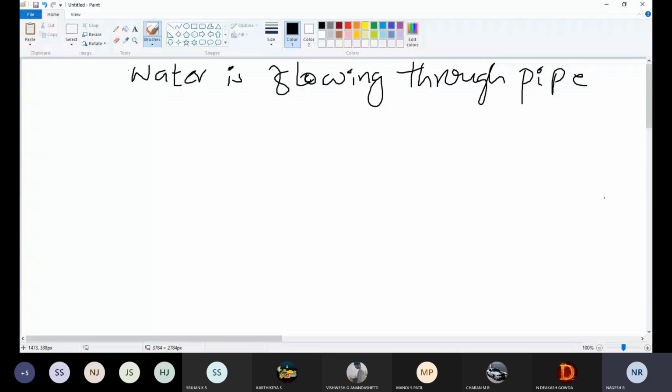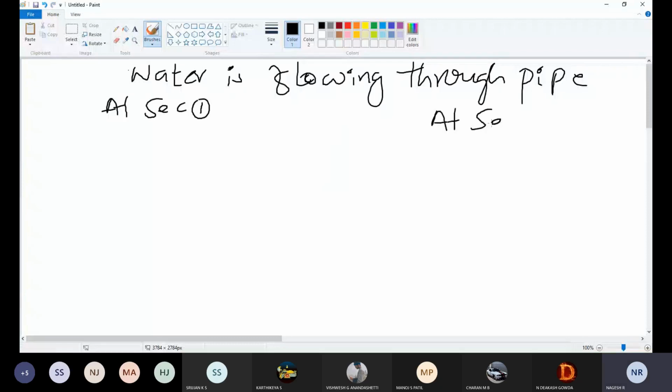The pipe has a diameter of 20 centimeter and 10 centimeter at section 1 and section 2. At section 1, we have 20 centimeter. At section 2, we have 10 centimeter. Before taking the figure, I will be noting it out here.